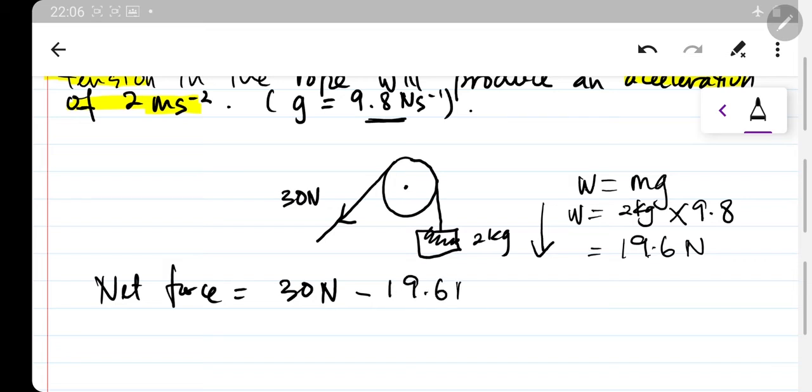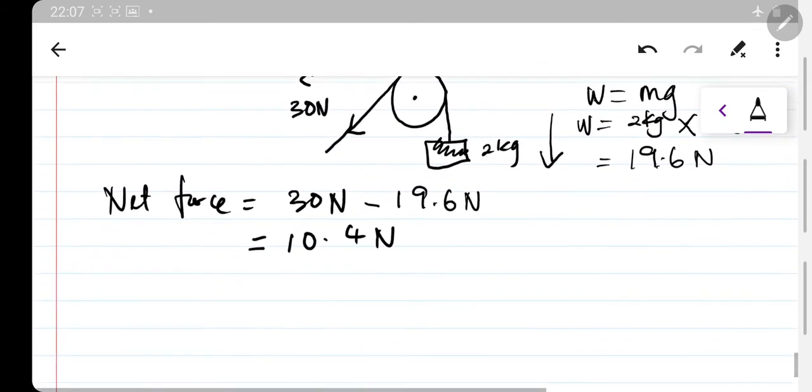This one goes down, this one goes to the other side, so two different directions. To get the net force, we subtract the smaller one from the greater one. 30 Newton minus 19.6, we get 10.4. So the net force is 10.4 Newton.